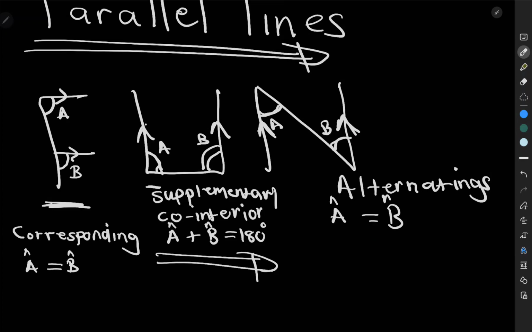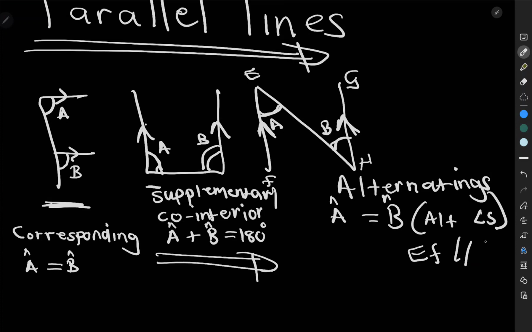So if you were given a shape like this and you deduce that A equals B, your reason would be alternating angles. And you'd have to give that these two lines are parallel. So if, for example, we were calling these lines E and F and G and H, you'd say EF parallel to GH.